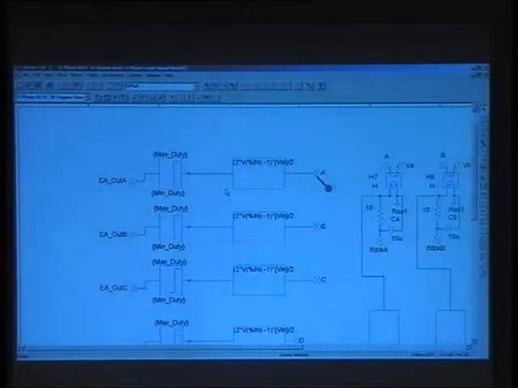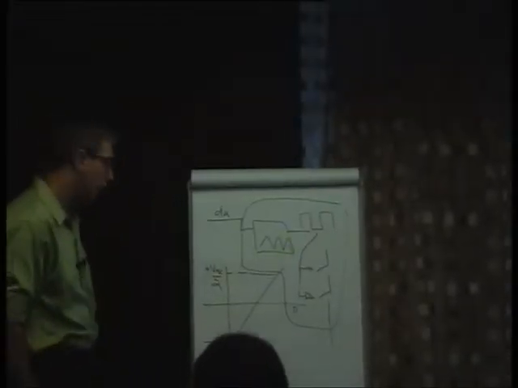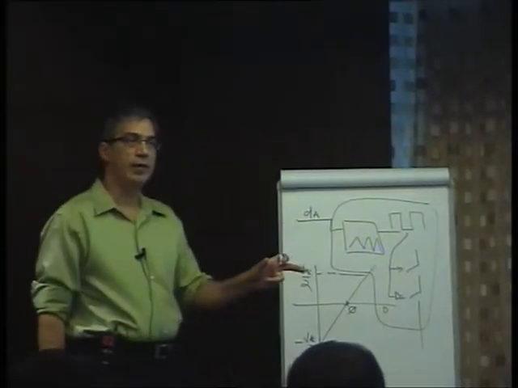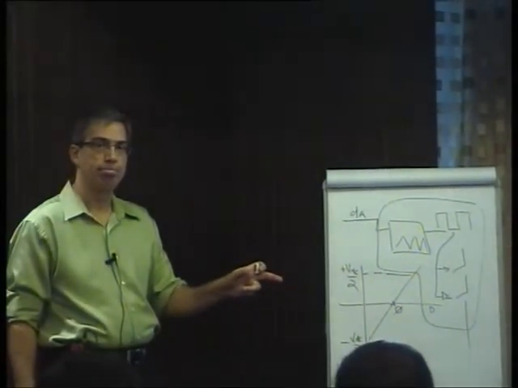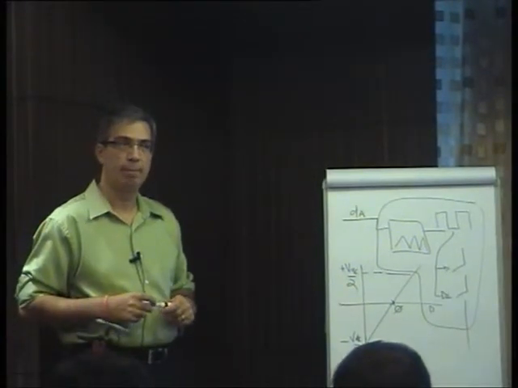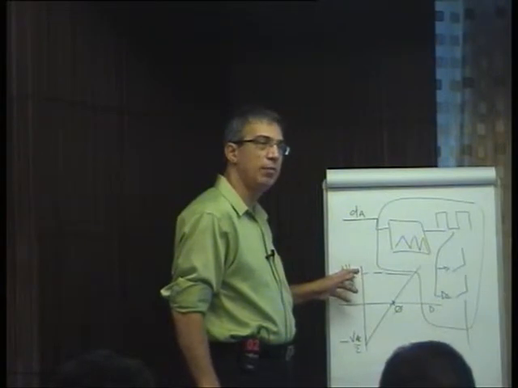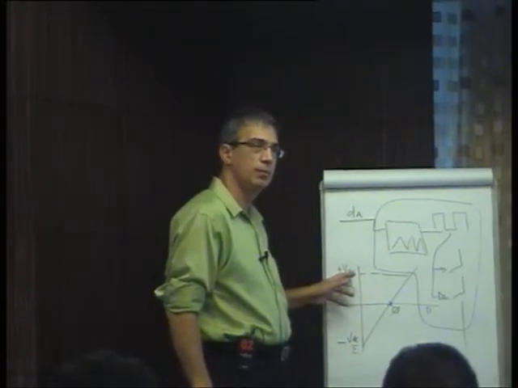So it is D here, and this is minus VDC by 2, and this is plus VDC by 2. So when D is 0, you have 0 voltage across the winding. Right? And when D is 100%, you have maximum available bus voltage.